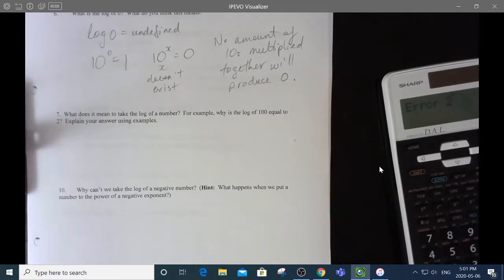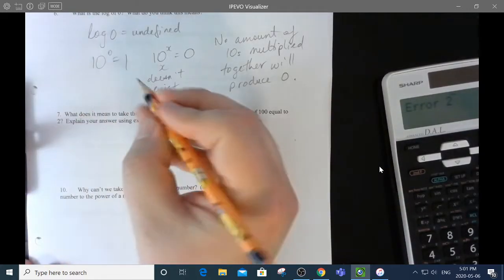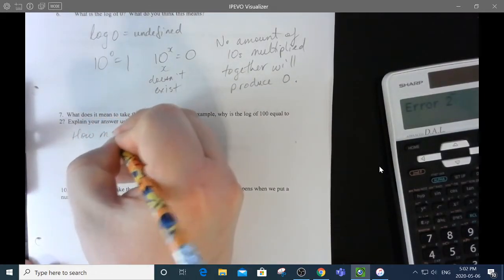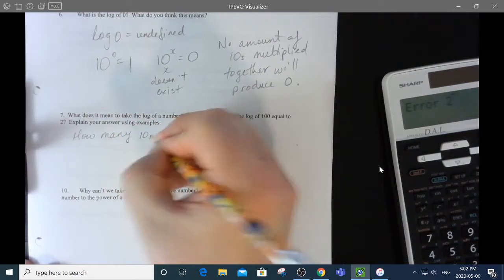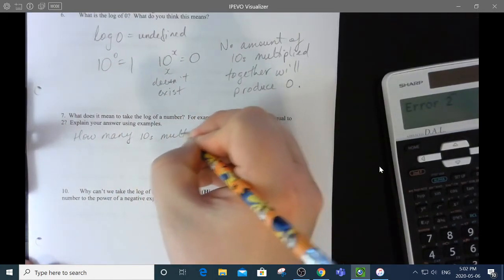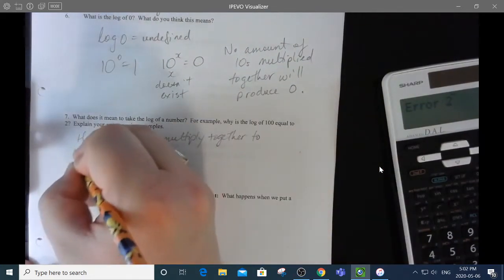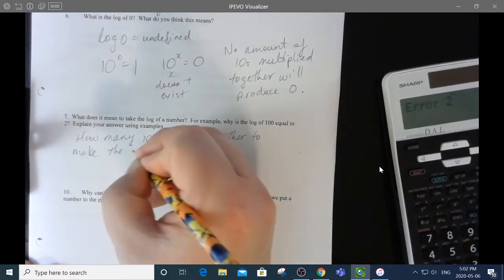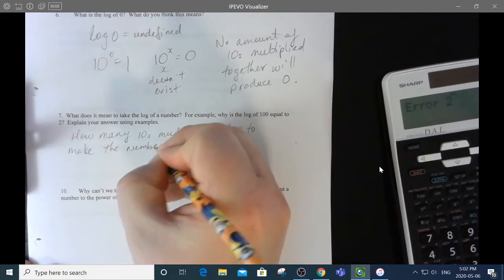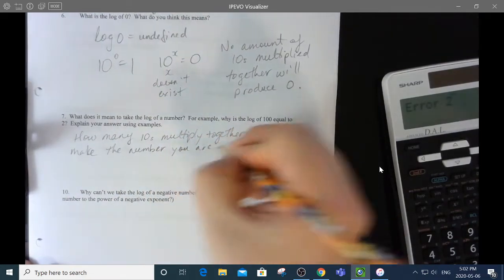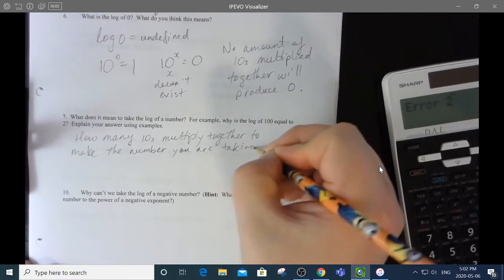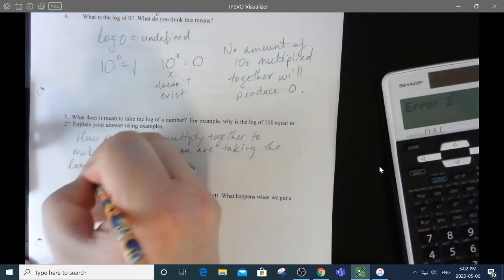What does it mean to take the log of a number? Well, I kind of answered that on the other page. I kind of forgot this question was coming. So basically it means how many 10s multiply together to make the number you are taking the log of.